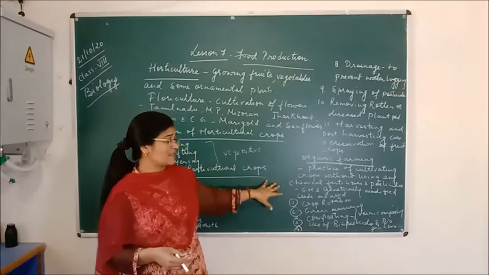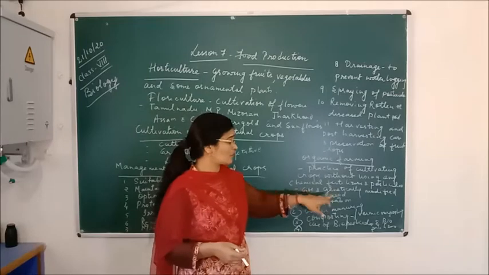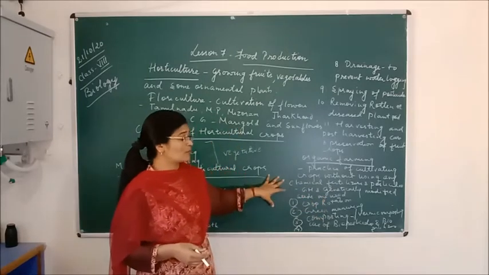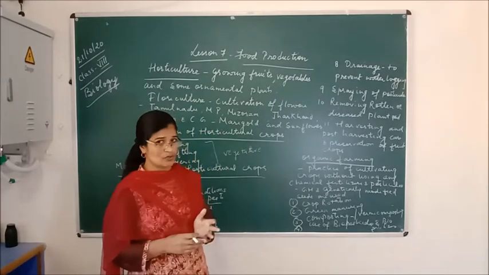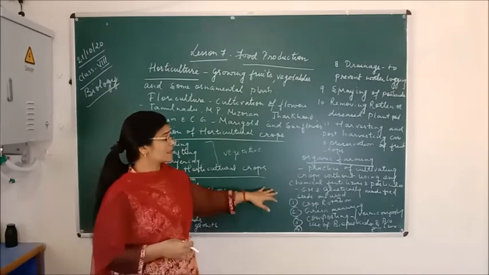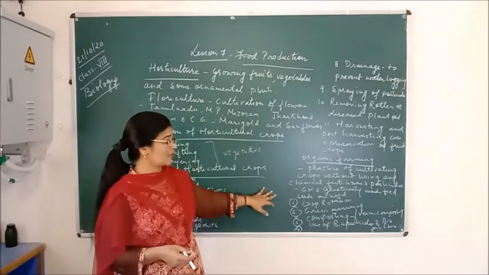And besides this, some growth hormones are also needed, as well as genetically modified seeds are also needed. So these are most important for organic farming, means manures, compost as well as growth hormone and genetically modified seeds. So they are necessary for organic farming.